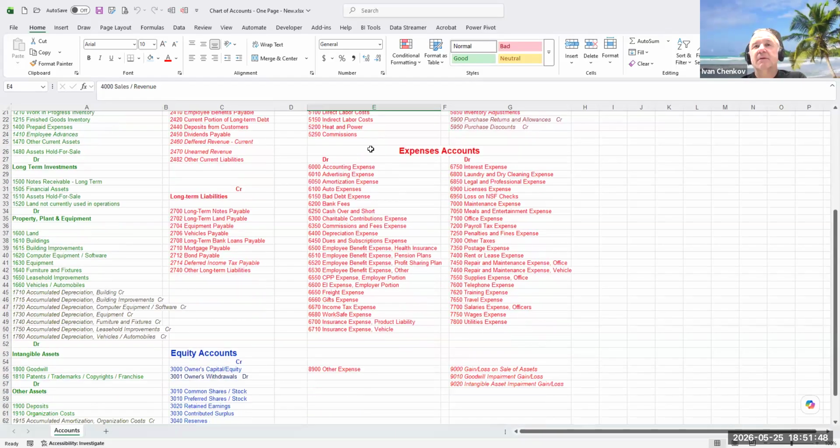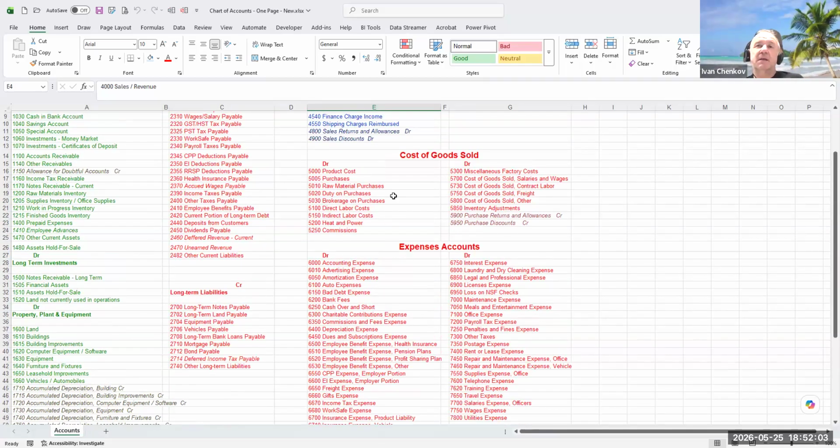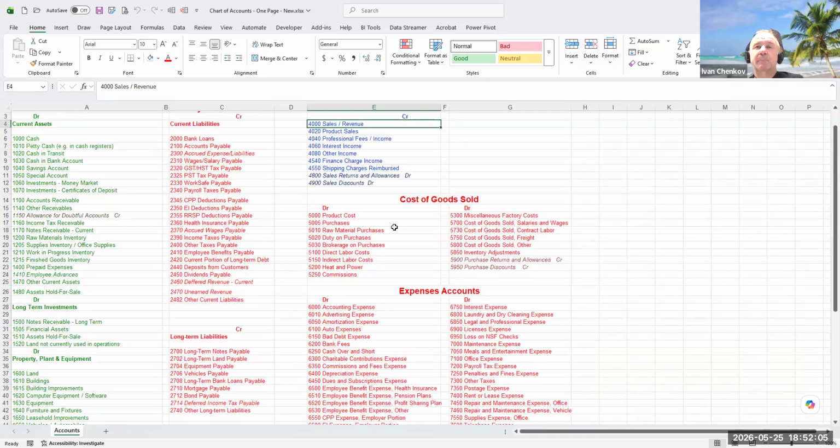And then we have the other operating expenses, which are expenses for us to run the business. They're still related to the business, but not directly related to the products or goods that we're selling. So knowing that, it now makes more sense which is an asset account, which is a liability account, which is equity, which is revenue and expenses, and how they are numbered.